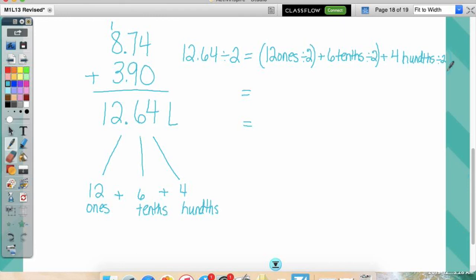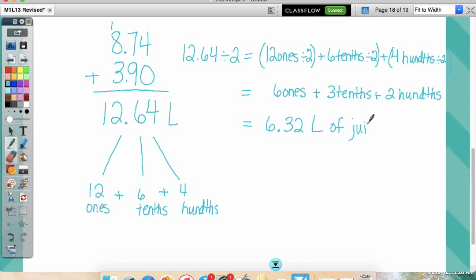So that gives me 12 divided by 2 is 6 ones, plus 6 divided by 2 is 3 tenths, plus 4 divided by 2 is 2 hundredths. So now to write that all down, we have 6 ones, 3 tenths, 2 hundredths, and the label is liters of juice in each bottle. Okay, very good.